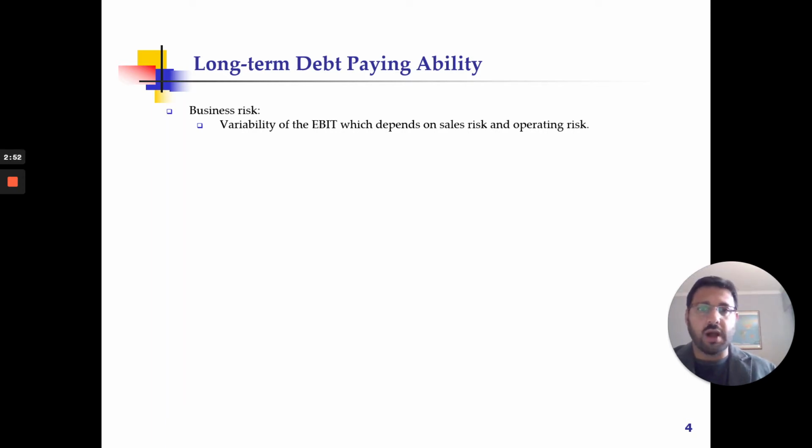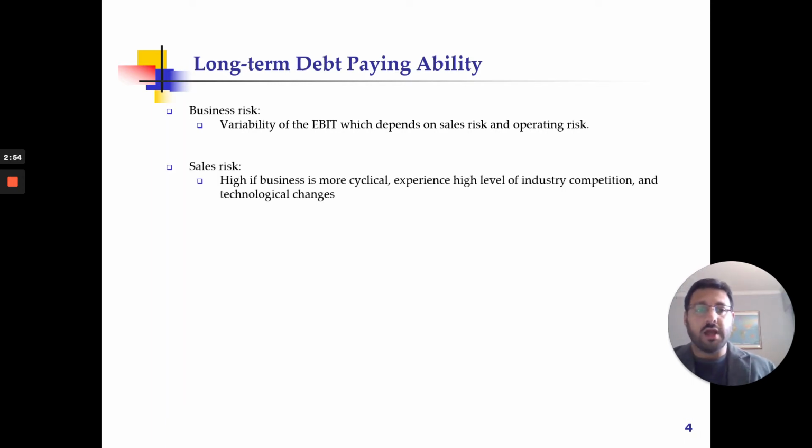So sales can go up or sales can go down. Apart from that, there is industry competition, because the market share is divided among the main company and the other competitor companies, and that can reduce the sales of the company if there is intense competition in the industry.